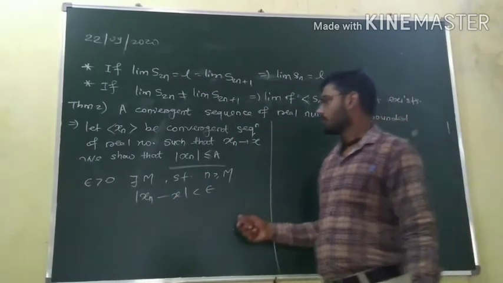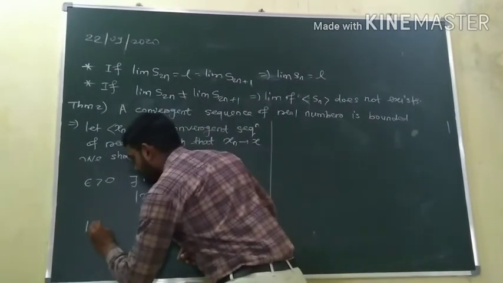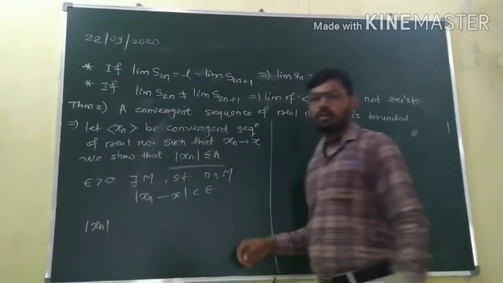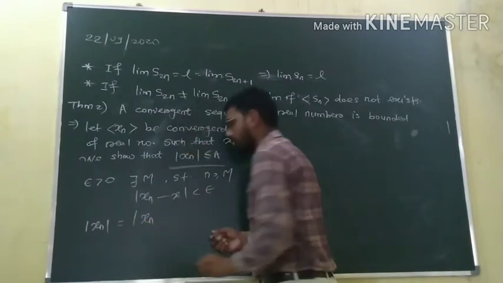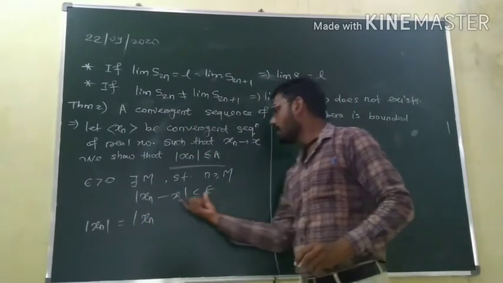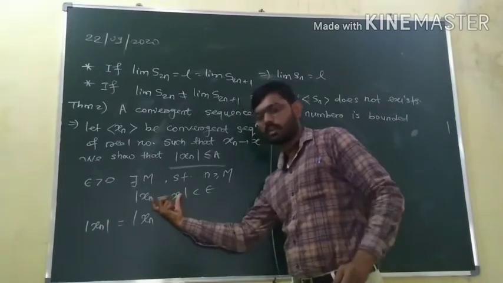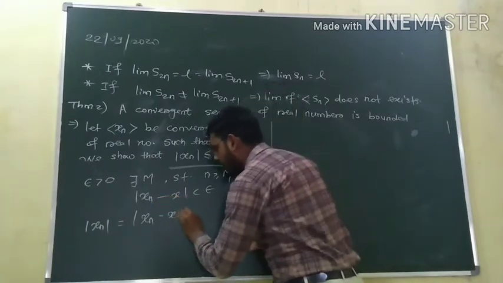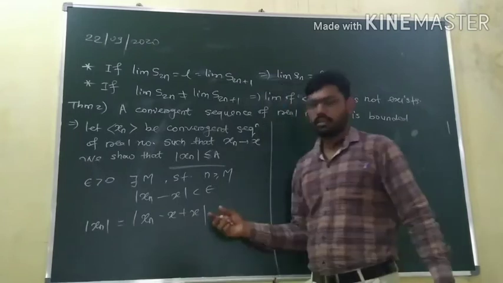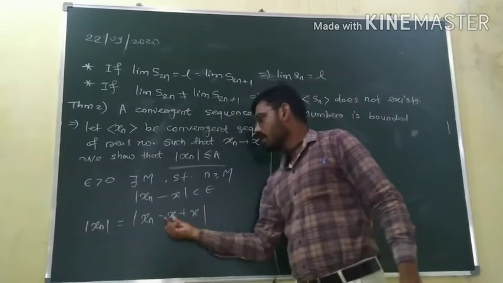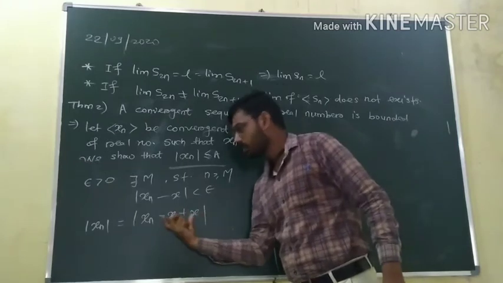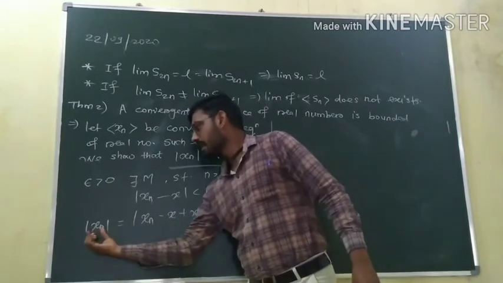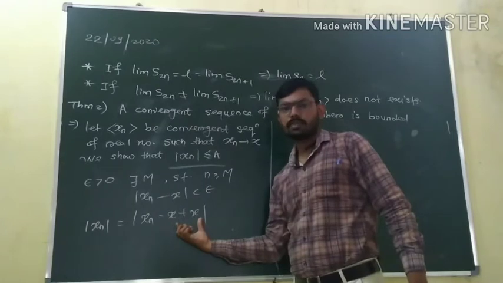Now for mod of xn, we will make some adjustment: just add and subtract one term, x, the limit. So LHS and RHS become the same.